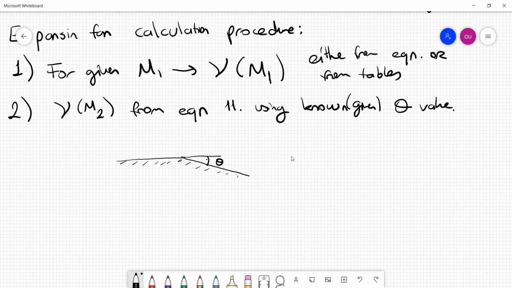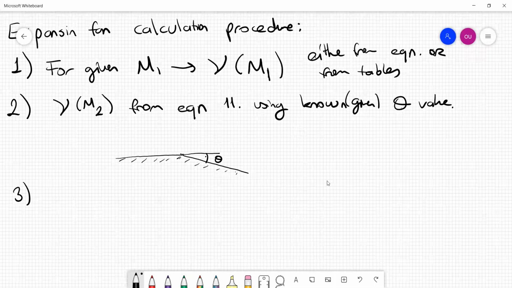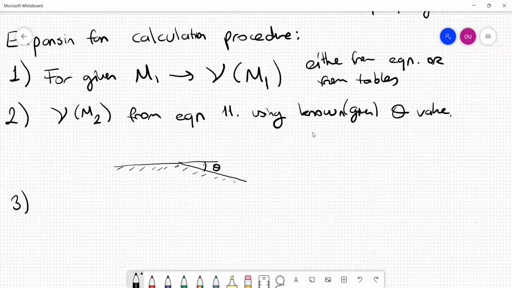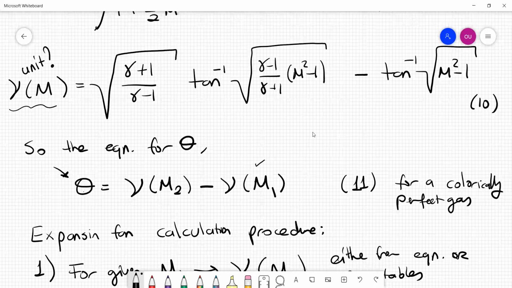Next step, the third step, is that now that we know the new M2 value, we go back to the table. So again, we do kind of a reverse calculation now. The left-hand side of this equation is new M2, but we would like to calculate the M2 value, the Mach number value listed in this equation.